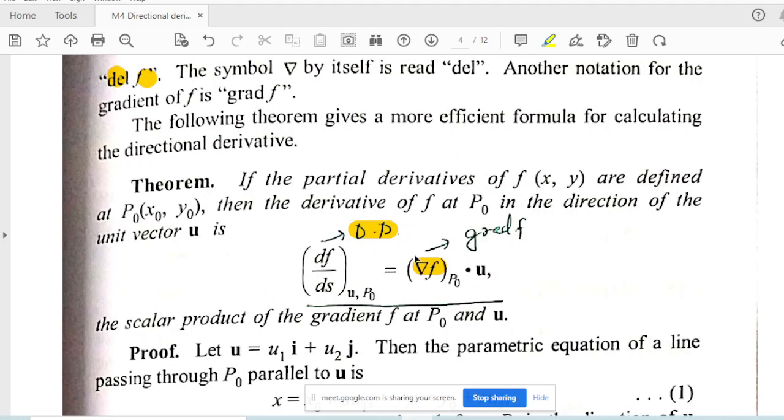If the partial derivatives of f are defined at p naught, (x naught, y naught), then the derivative of f at p naught in the direction of the unit vector u is df/ds at (u, p naught), equal to del f at the point p naught dot the vector u.